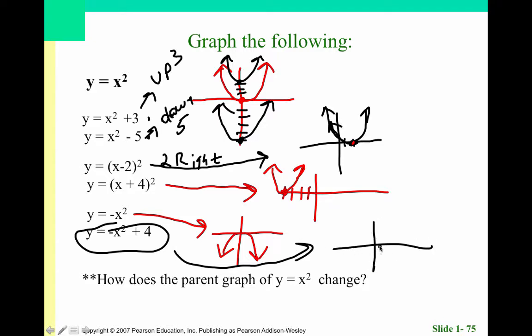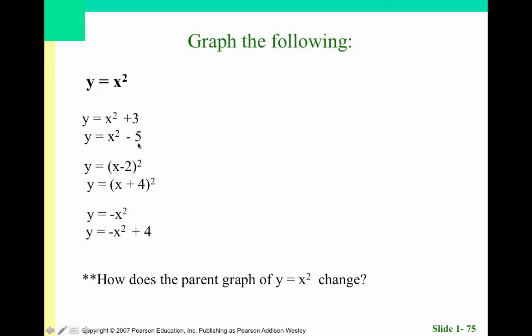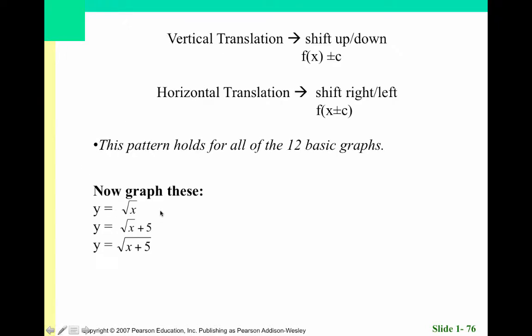I would say it's a reflection over the x-axis and 4 units down. Those things should not necessarily be new material. If I just gave you these: up 3, down 5, 2 right, 4 left, reflected over the x-axis, reflected over the x-axis, and 4 units. Oh, this one should have been 4 up.